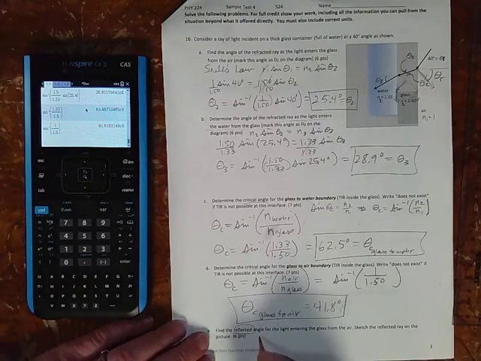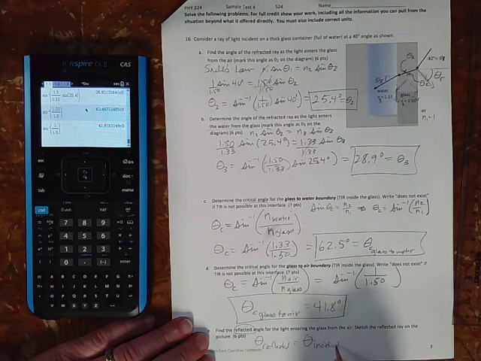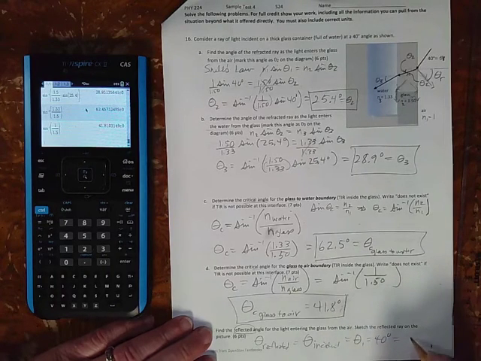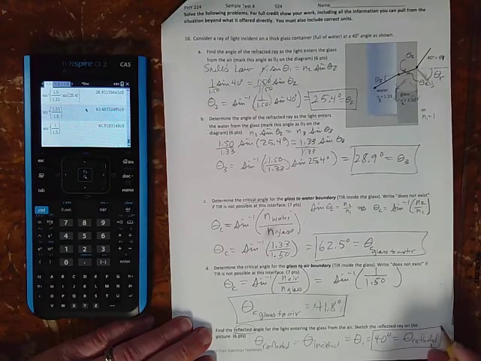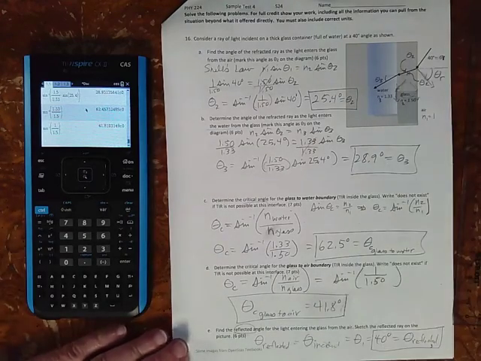And we know from the law of reflection, theta reflected equals theta incident. In this case equals theta 1, which is 40 degrees. So theta reflected is 40 degrees. Okay, so there's a reflected angle and we drew it on the picture.